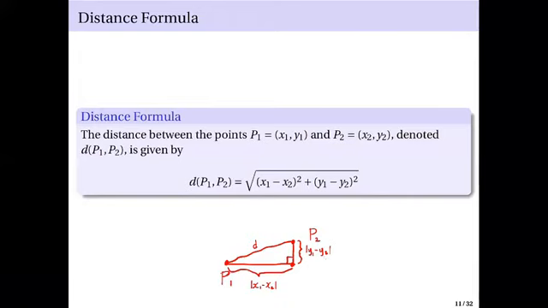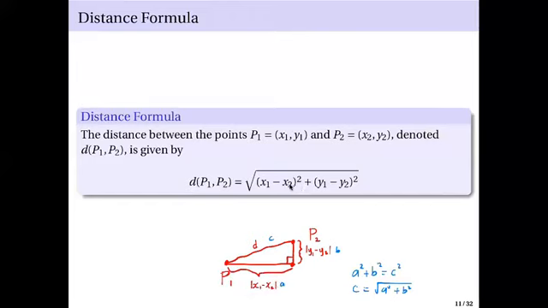And then remember your Pythagorean theorem. If we label this as your C, this is your A, this is your B, then you have A squared plus B squared equals C squared. Or C is the square root of A squared plus B squared. But with this, your A is equal to the absolute value of x1 minus x2. So if you square it, it's always positive.